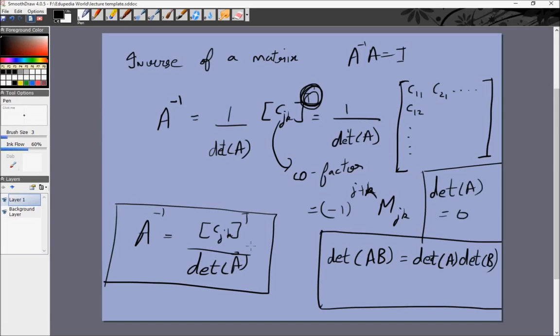If the determinant is non-zero, you can always calculate C_jk for each entry and take the transpose. Another word for matrices which do not have an inverse is singular matrices. Singular matrices are those which have a determinant 0 and therefore they have no inverse.